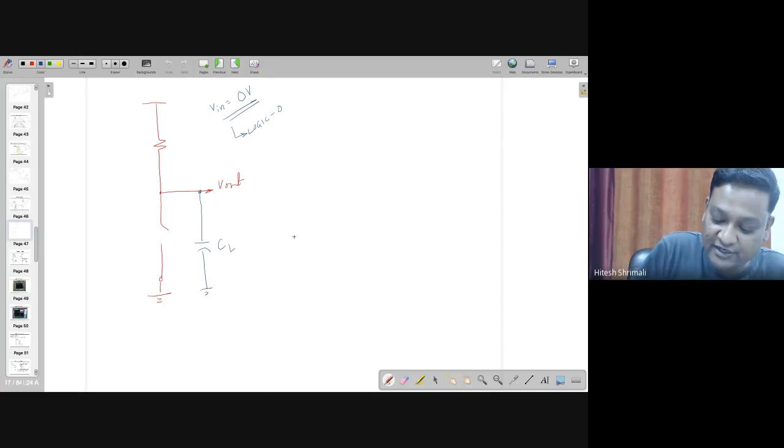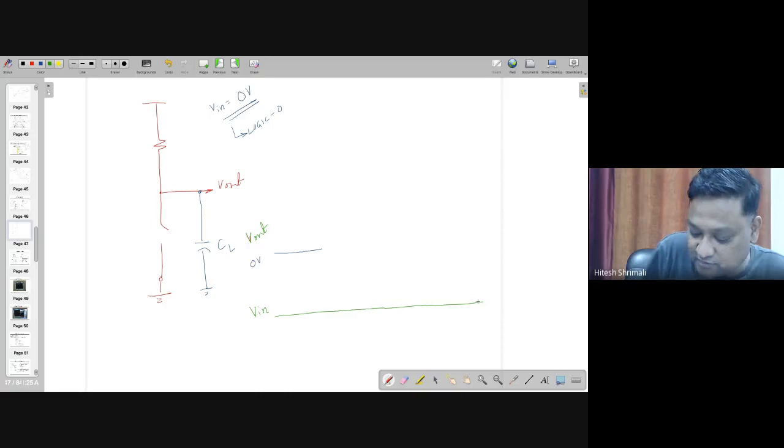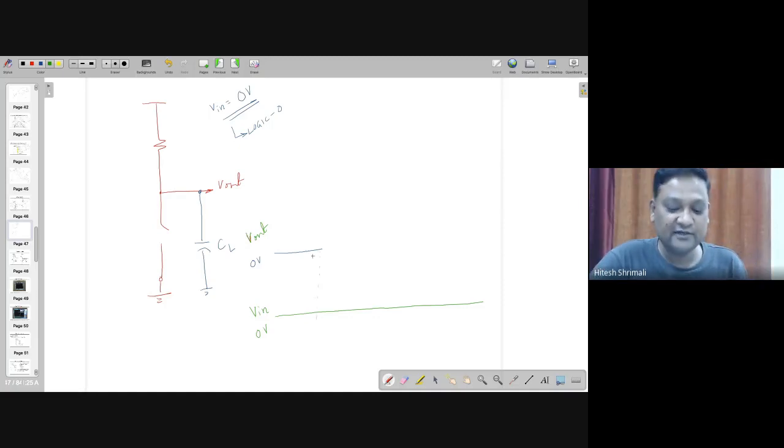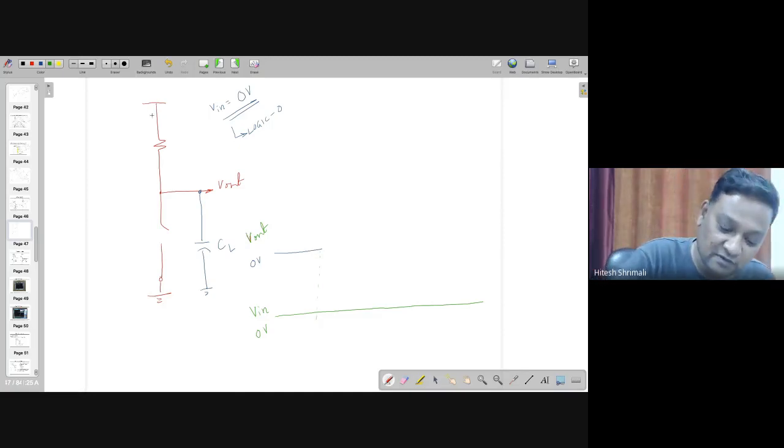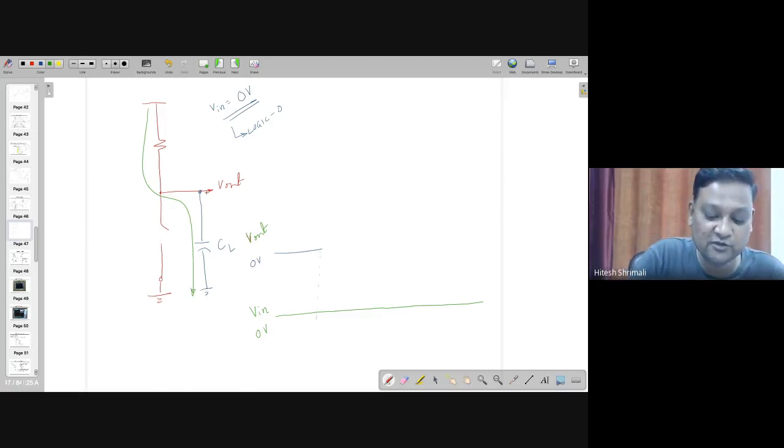Let's assume that initially Vout is connected to 0 volt, and Vin is equal to 0 volt. So I want to give 0 volt, but after some finite delay, Vout will start going towards logic 1, and there is a path for this Vout to go to VDD, or approach VDD.